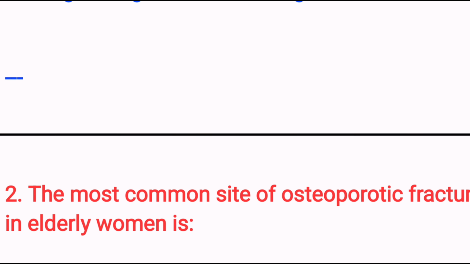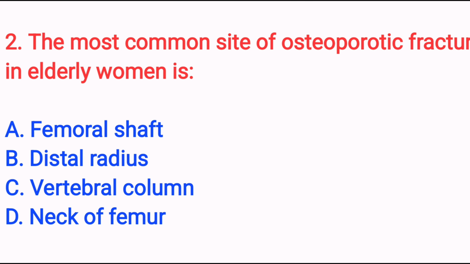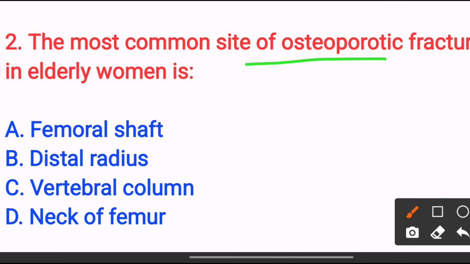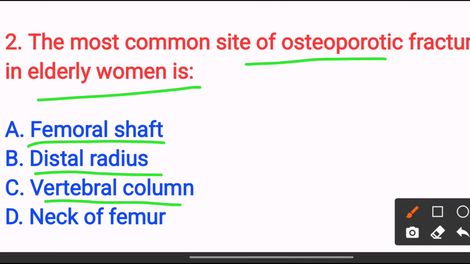Next, the most common site of osteoporosis fracture in elderly women is: option A, femoral shaft; option B, distal radius; option C, vertebral column; option D, neck of femur. The answer is option D, neck of femur.